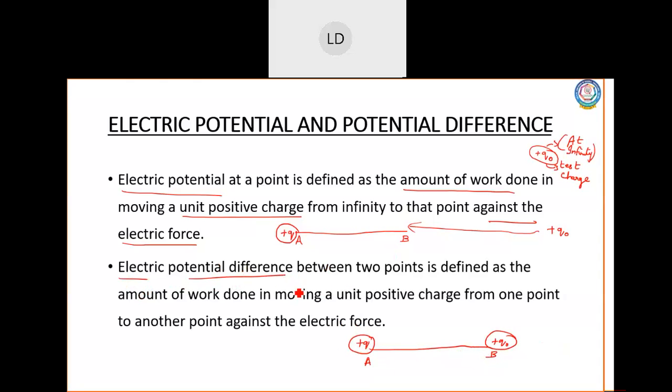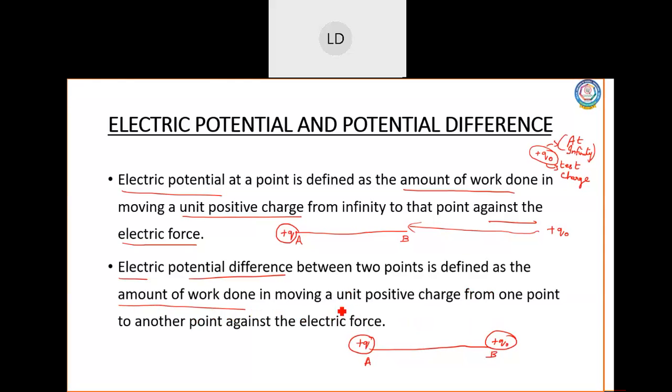Electric potential difference exists between two points. I want to move this charge from B to A. Again, to move this charge from B to A, what should I do? I should do some work. So what is the work done?